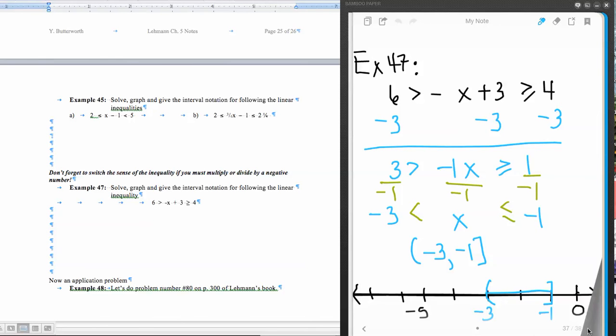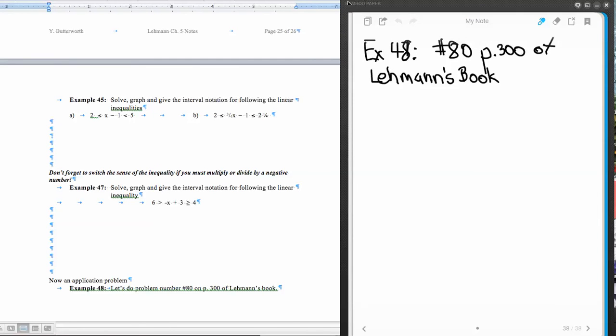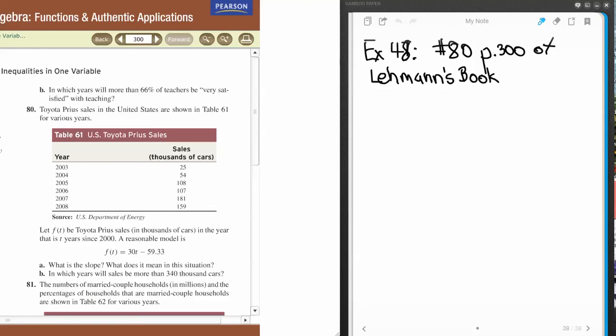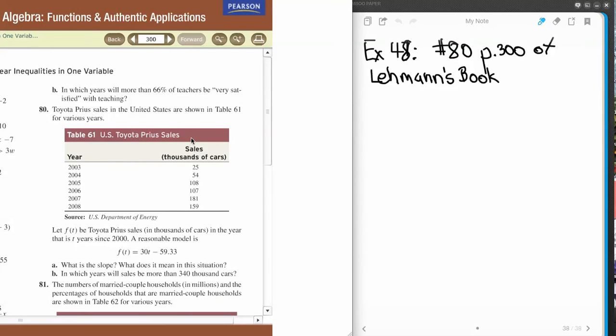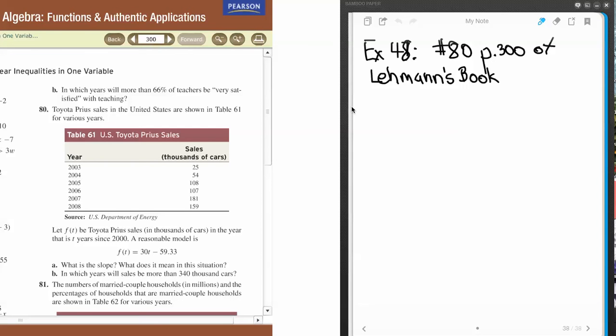All right, let's move on now to Lehman's example, exercise number 80 on page 300 of his text. Looking at this example, it says Toyota Prius sales in the United States are shown in the table for various years. The years and then sales in thousands of cars are being given. So let F of t be Toyota Prius sales in thousands of cars for the years.